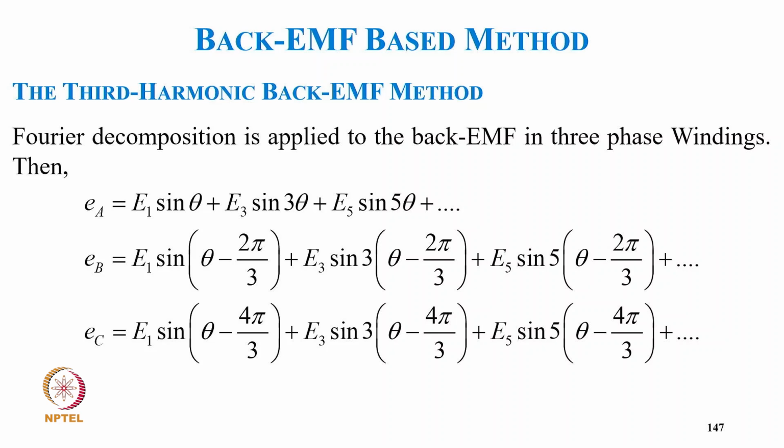back EMF in the three-phase winding. So EA equal to E1 sin theta plus E3 sin 3 theta plus E5 sin 5 theta. Similarly, EB equal to E1 sin in bracket theta minus 2 pi by 3 plus E3 sin 3 theta minus 2 pi plus E5 sin 5 theta minus 2 pi by 3 and so on, and EC equal to E1 sin theta minus 2 pi by 3 plus E3 sin 3 theta minus 4 pi by 3 plus E5 sin 5 theta minus 4 pi by 3.